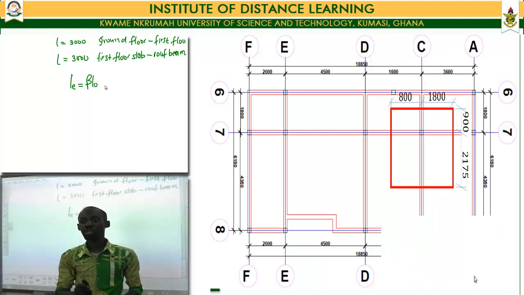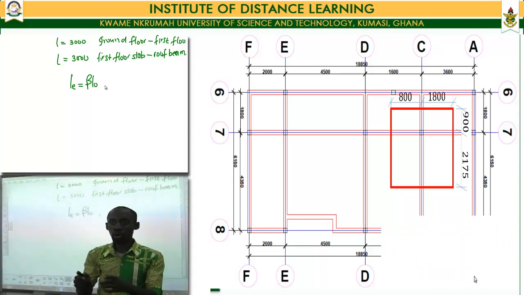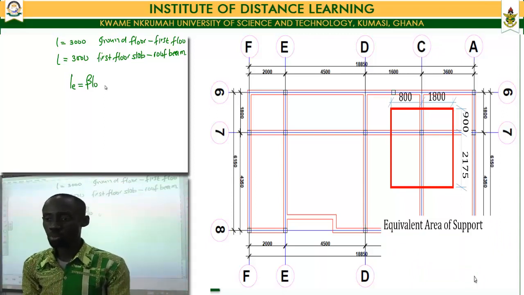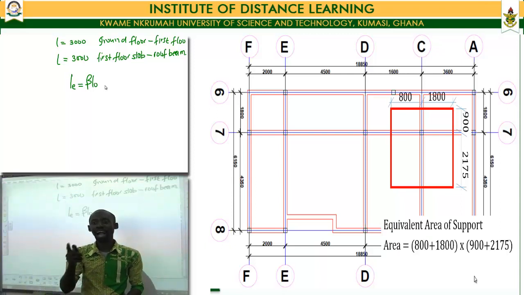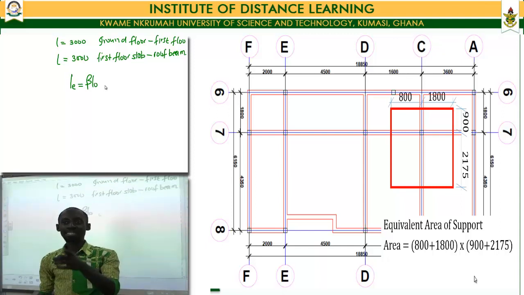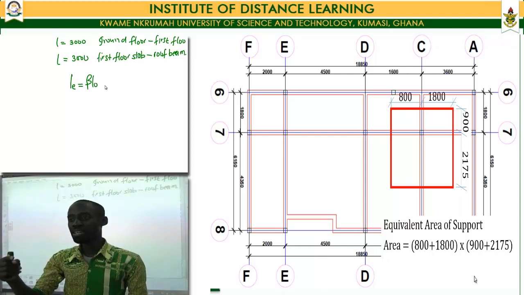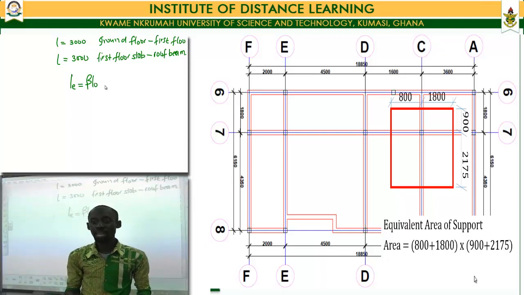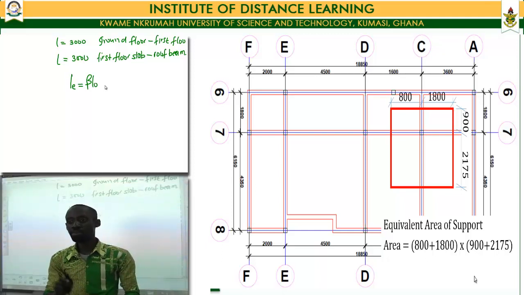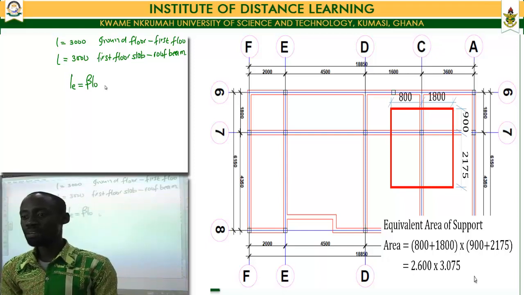Now putting everything together will give us the equivalent area of our building that our column C7 would have to support. So our equivalent area of support is given by half of grade line DC plus half of grade line AB, multiplied by half of grade line 6-7 and grade line 7-8 added together. So we have 800 plus 1800 multiplied by 900 plus 2175.